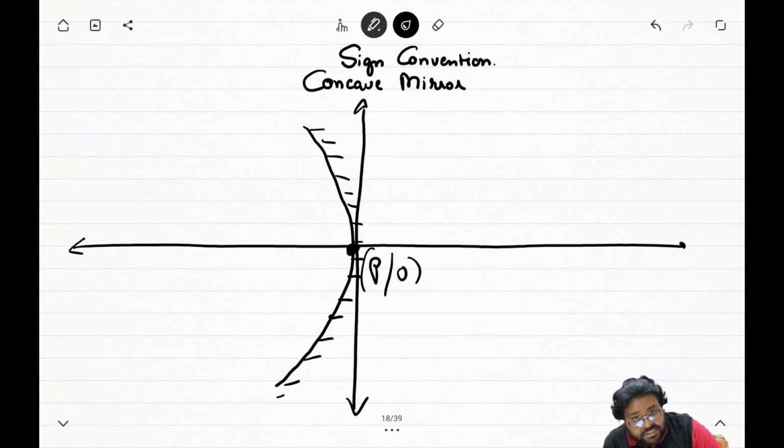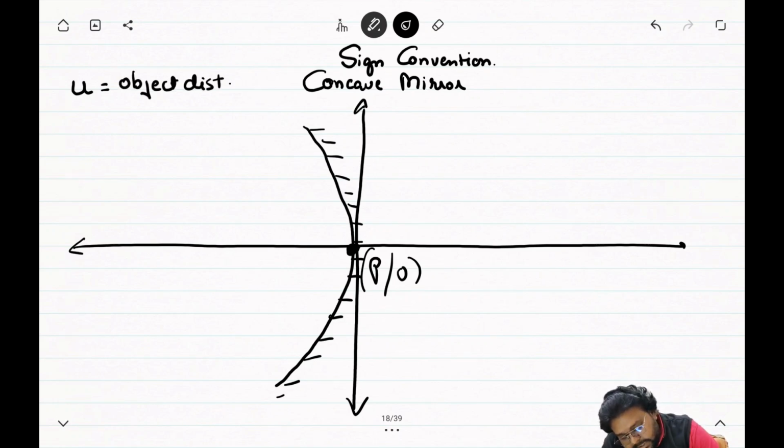Now light always comes from the left side. The object distance is denoted by u. So object distance u is always negative, always. Now f is the focal length.